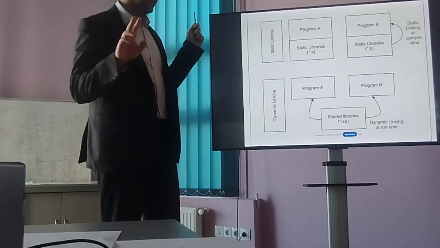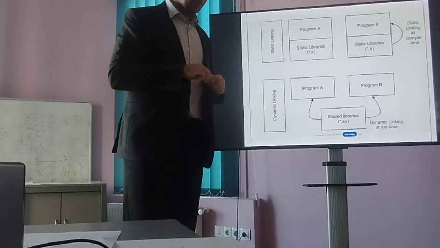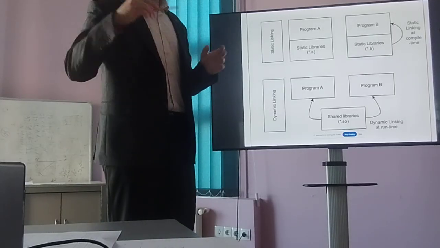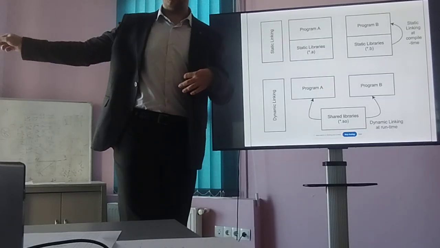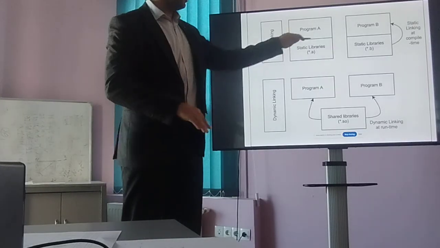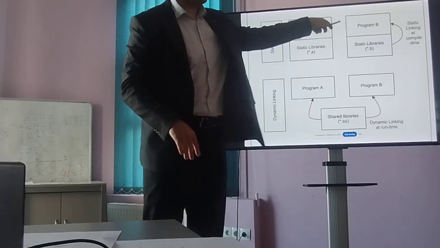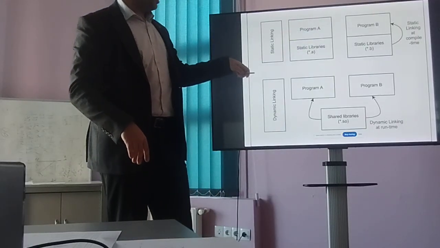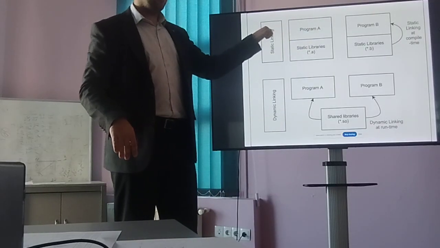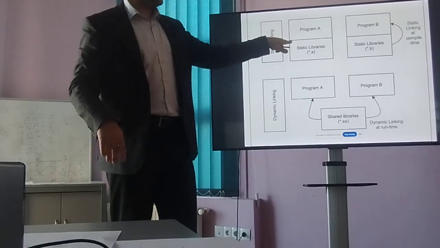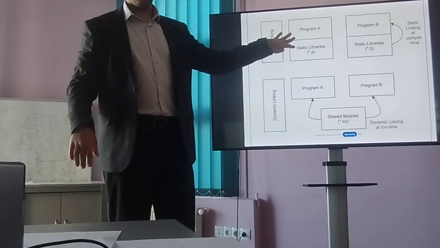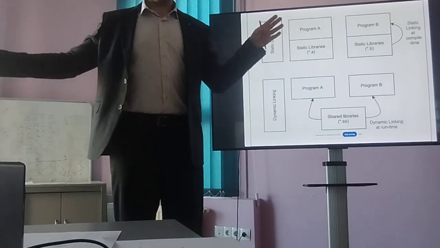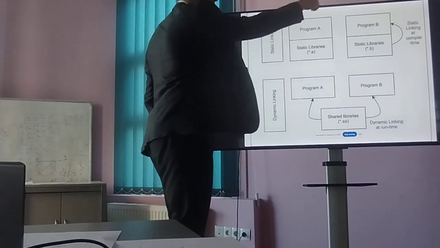There are two types of linking. For example, if we have some library for making HTTP requests, we can compile it with the program inside. But if we have hundreds of programs with different libraries linked statically, we need a lot of RAM, because each of them is loaded into RAM.